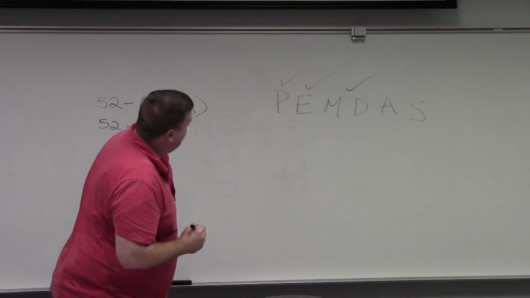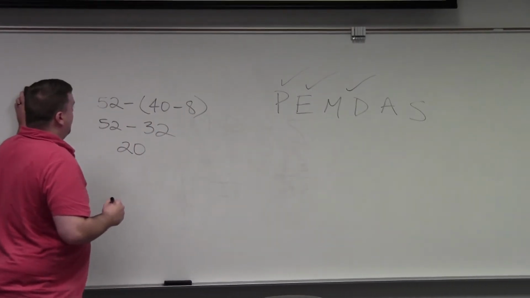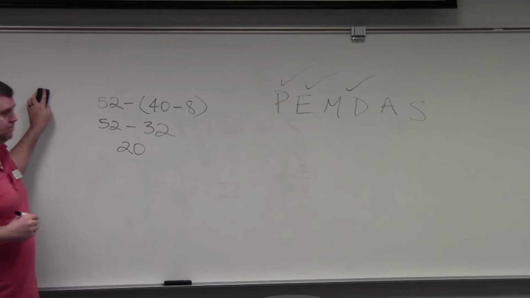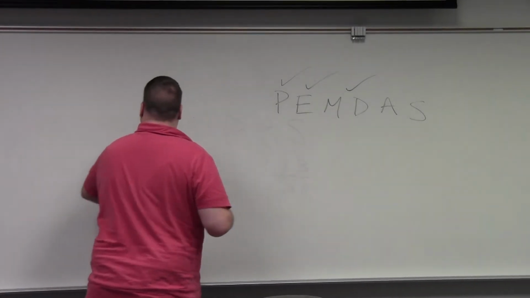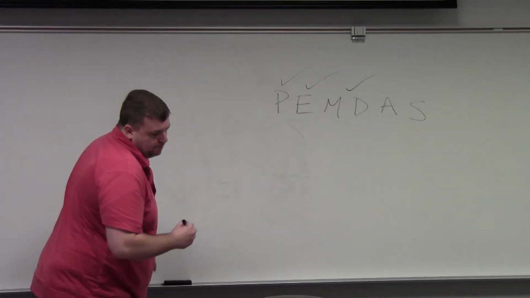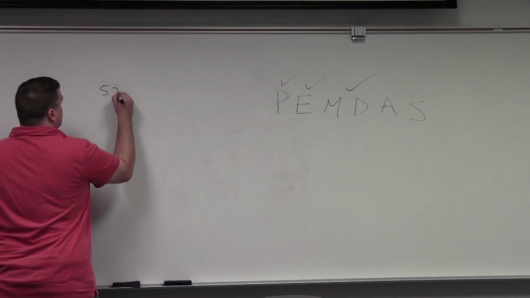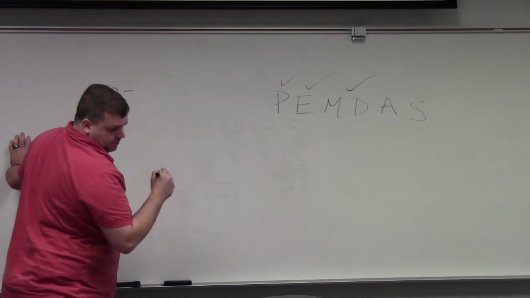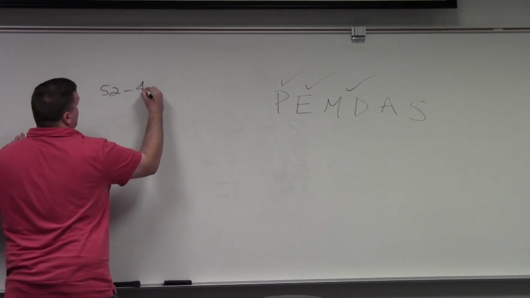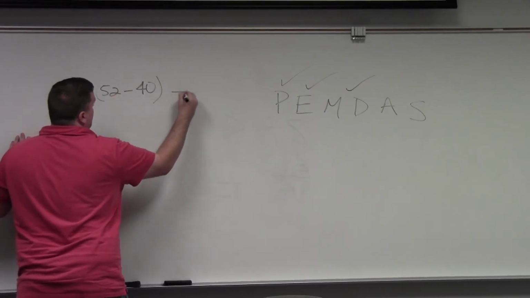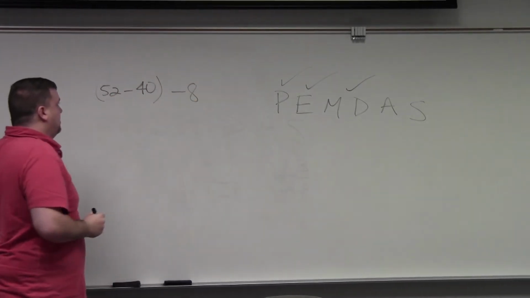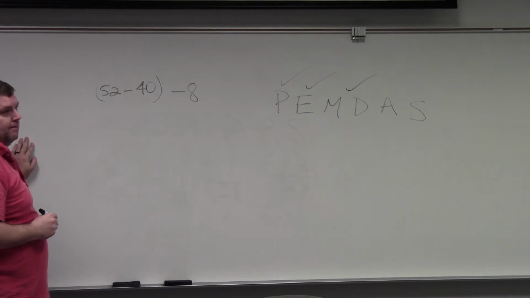Now we have a very similar problem. Everybody good on that one? Notice the numbers are the same, but we changed the position of our parentheses. So let's see if that changes it at all.